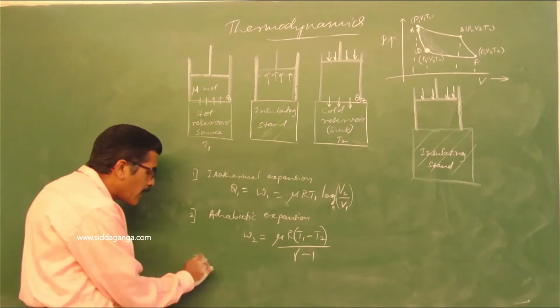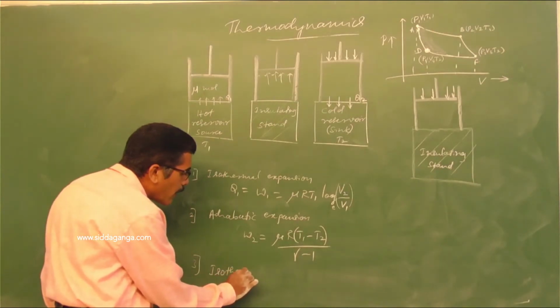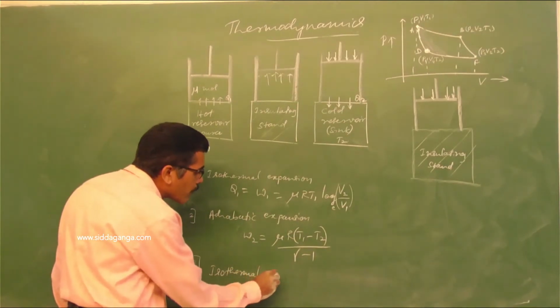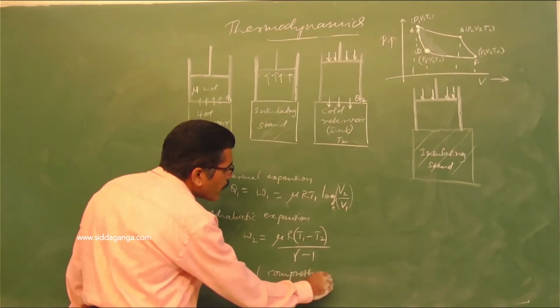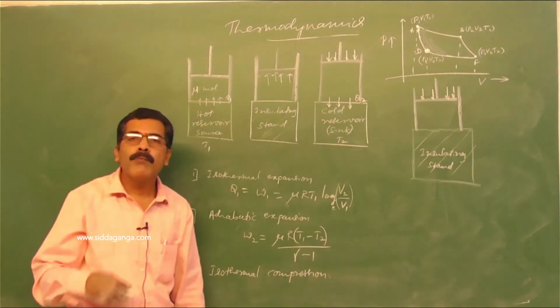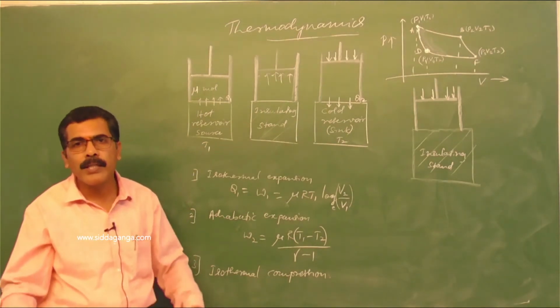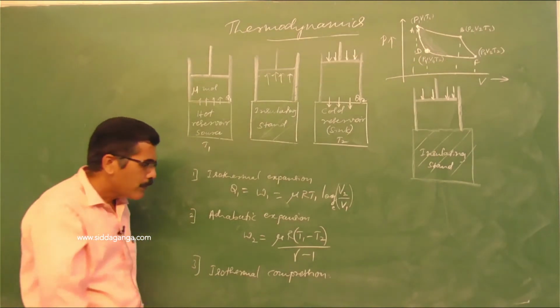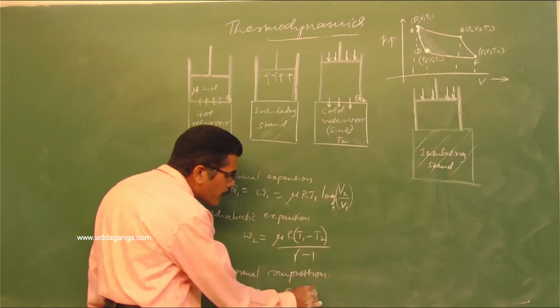Now let us take isothermal compression. Here, Q2 amount of heat is rejected to the sink, rejected to the surroundings. Therefore, heat is being given out by the system. So you know that heat given out by the system is taken to be negative.